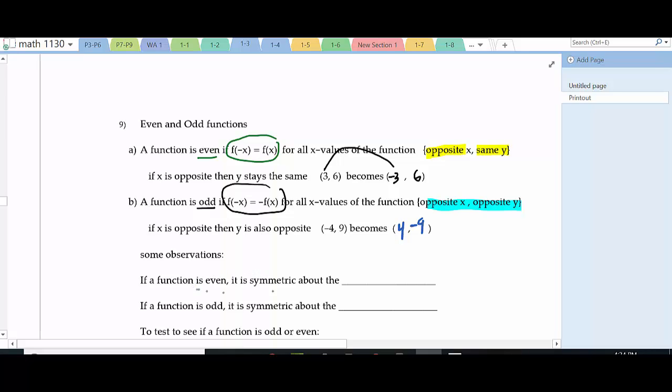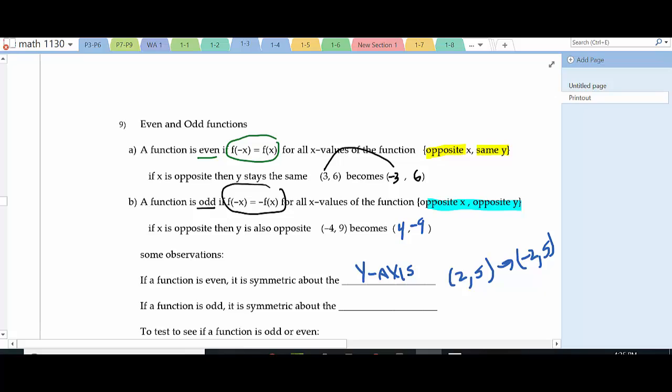So here's what happens if you have an even function. Take a look at this example. You have 2, 5, that would become -2, 5. How are those two points symmetrical? Same y, opposite x. What does that tell you? Which axis? Y. So even functions are symmetrical about the y-axis.